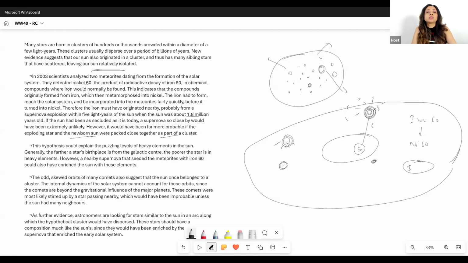It spewed out iron everywhere, and then it reached the meteorites, and that is why the meteorites had iron. And that would also explain why our sun has iron, because some iron would reach our sun also. And that could have been responsible for why the sun has heavy elements as well.